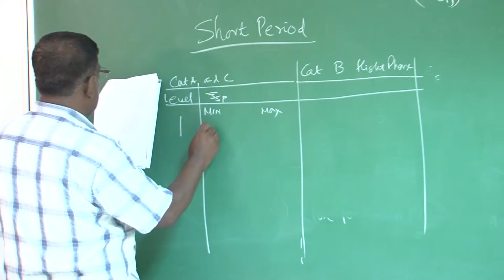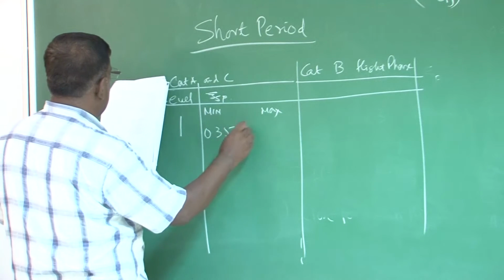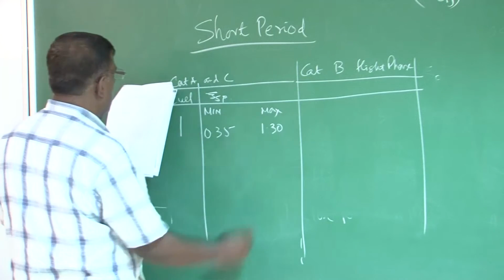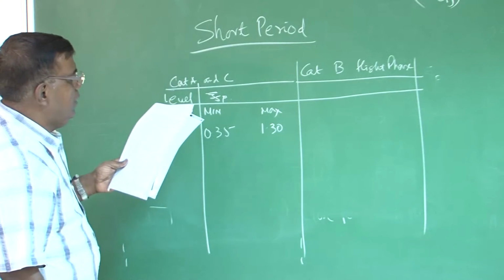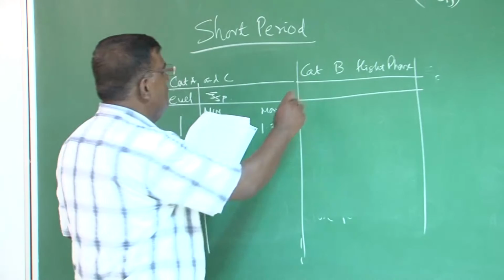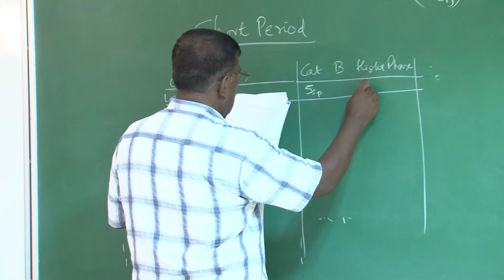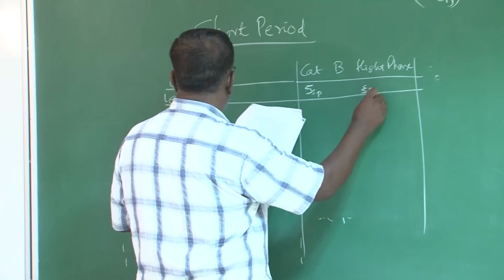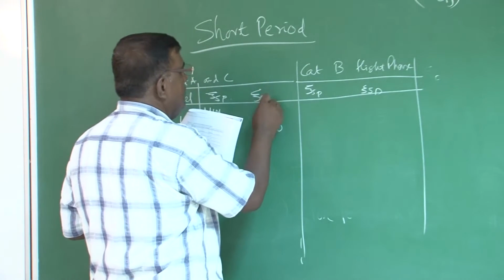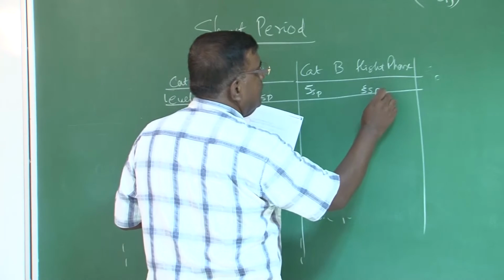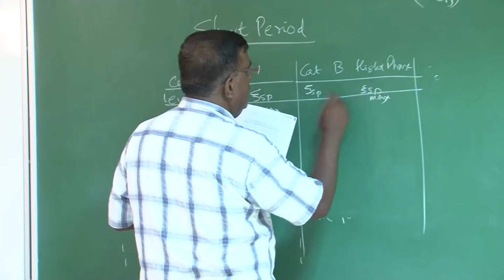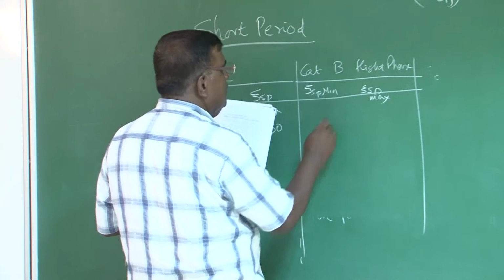So minimum should be 0.35, maximum should be 1.3. Similarly, for category B flight phase, this is again zeta short period maximum and this is minimum.